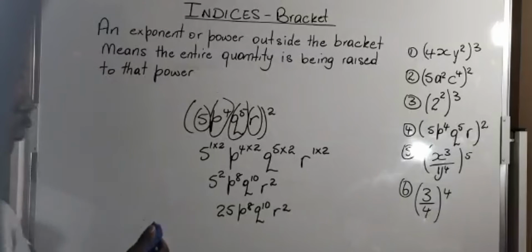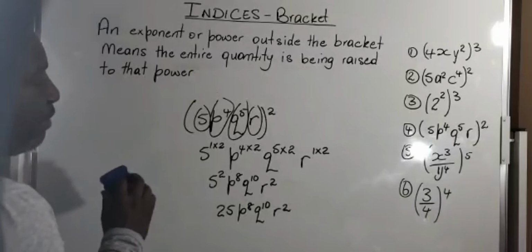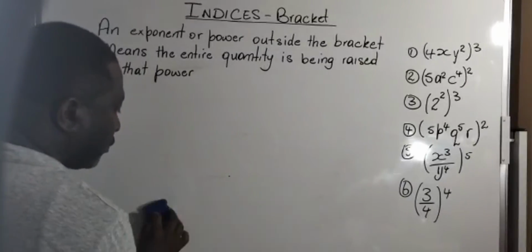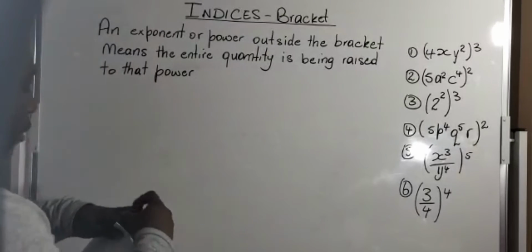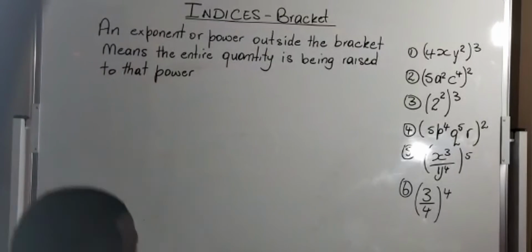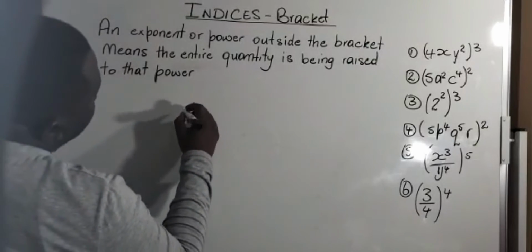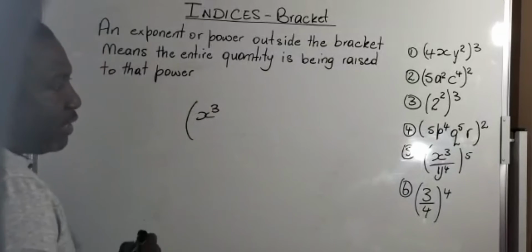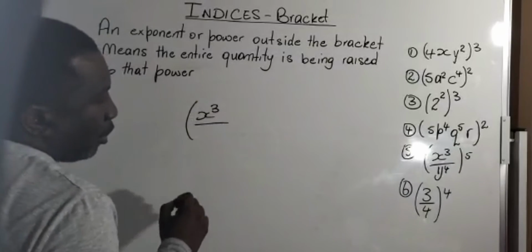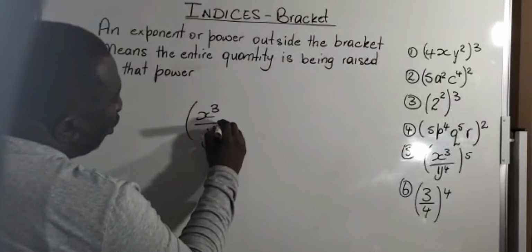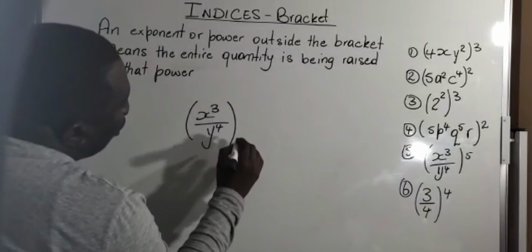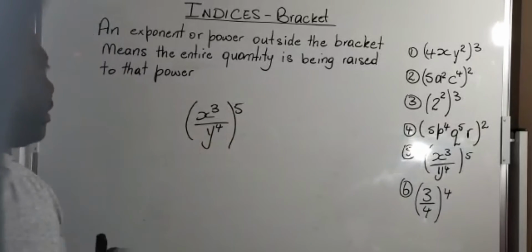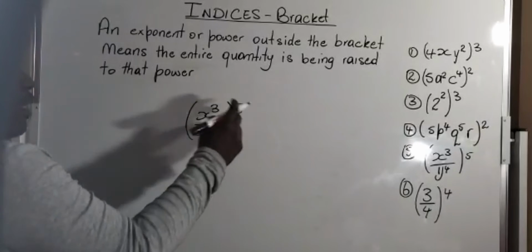So I will move to number 5. Number 5, so bracket open. X to the power of 3 is placed upon y to the power of 4. Power on the outside is 5, so it's being raised by 5.